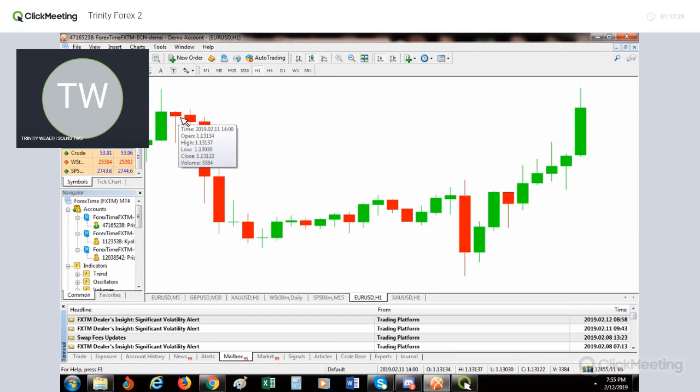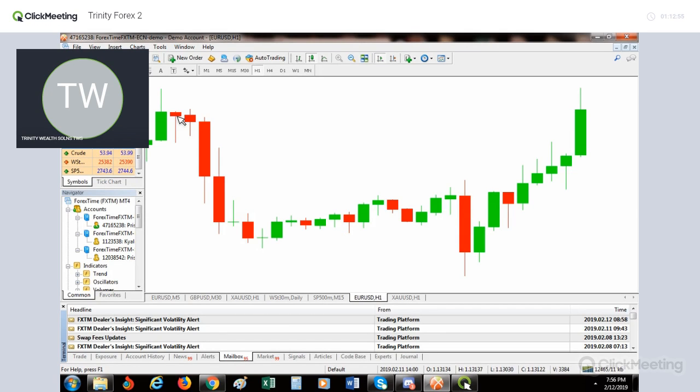Then the second candle is a bearish candlestick. It opened at 1.1313. Bulls tried to move up, but they only moved up by pipettes.